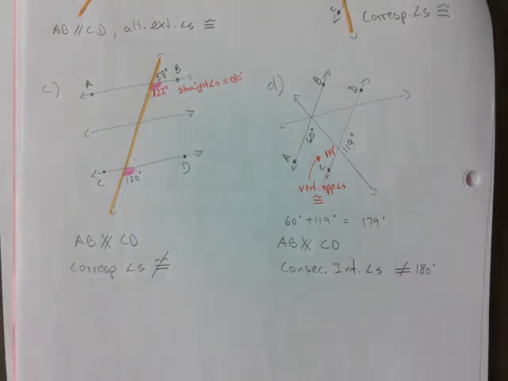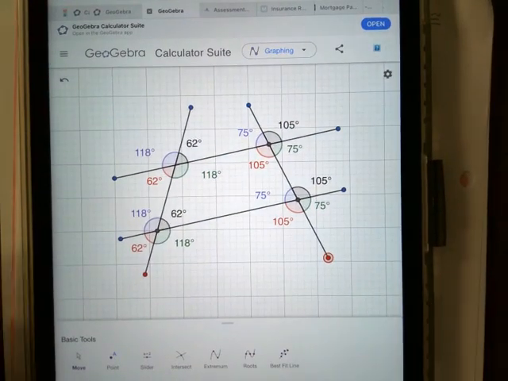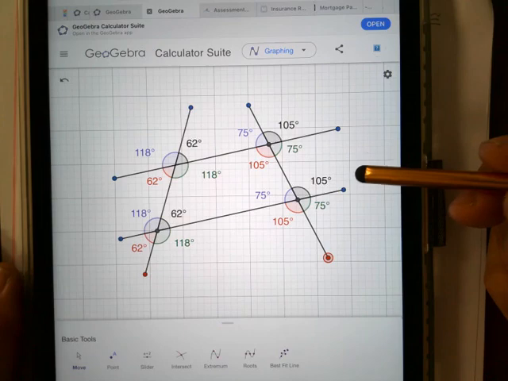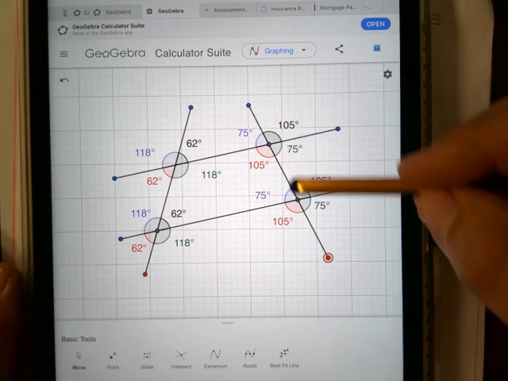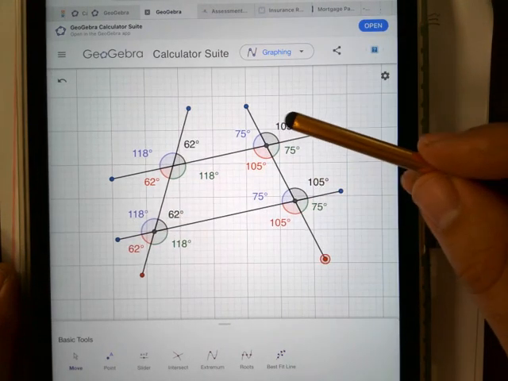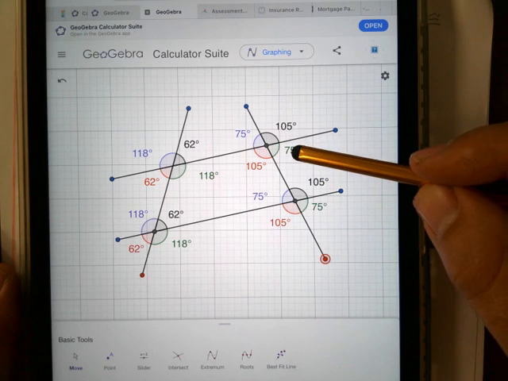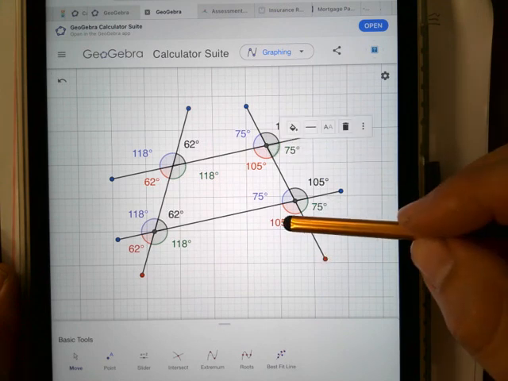So I thought I would just quickly, there's not a whole lot of this online, to be honest, but I made this using GeoGebra, and right now let's just focus on this transversal. If I asked you whether this line is parallel to that line, right, you can tell, corresponding angles, no matter where you look at it, 75 and 75 is corresponding, right?